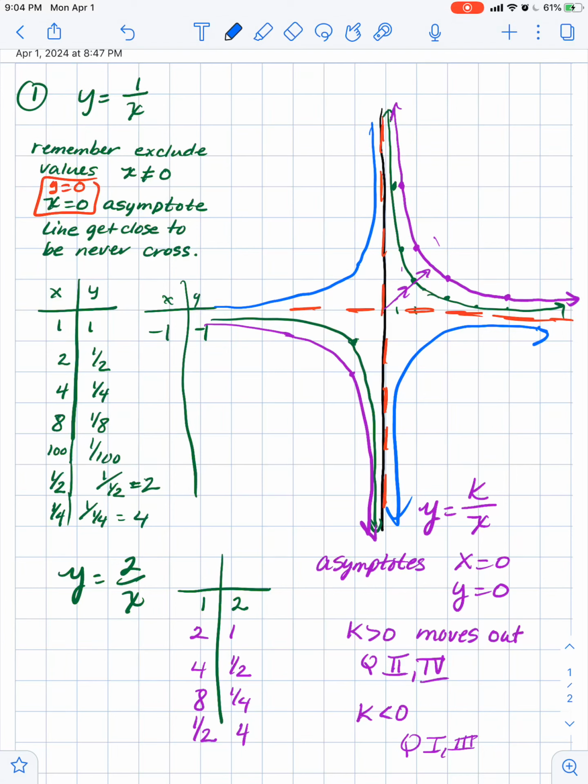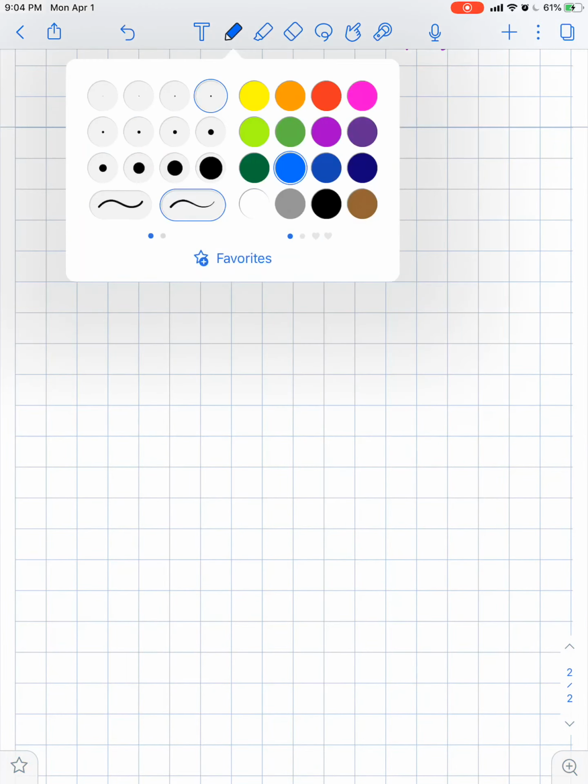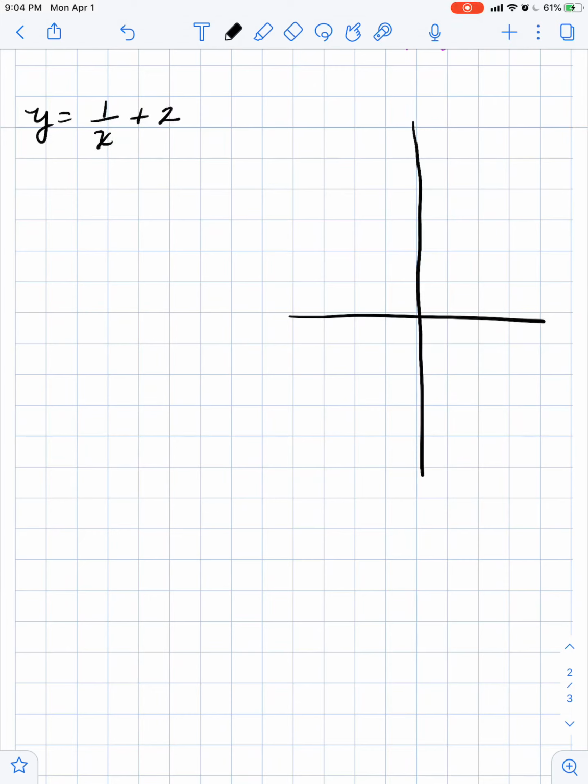Now let's talk about what happens if we happen to add a number to it. So I'm actually going to go to another screen. We're going to look at what happens if I take y equals 1 over x and I add, let's say, 2 to it.